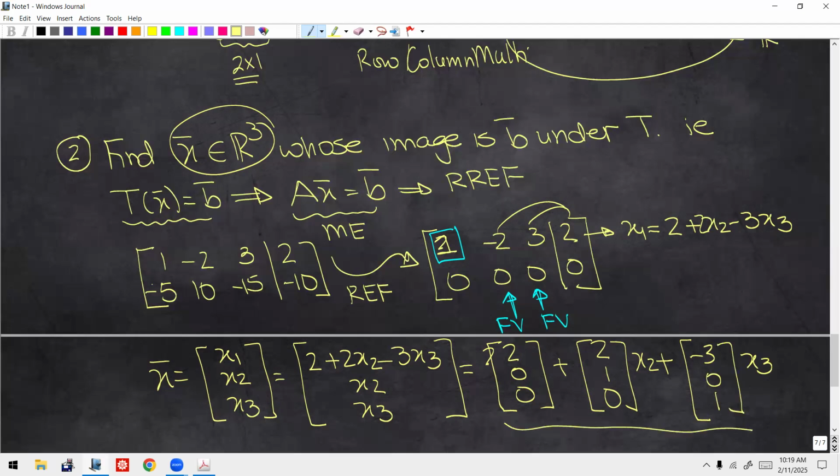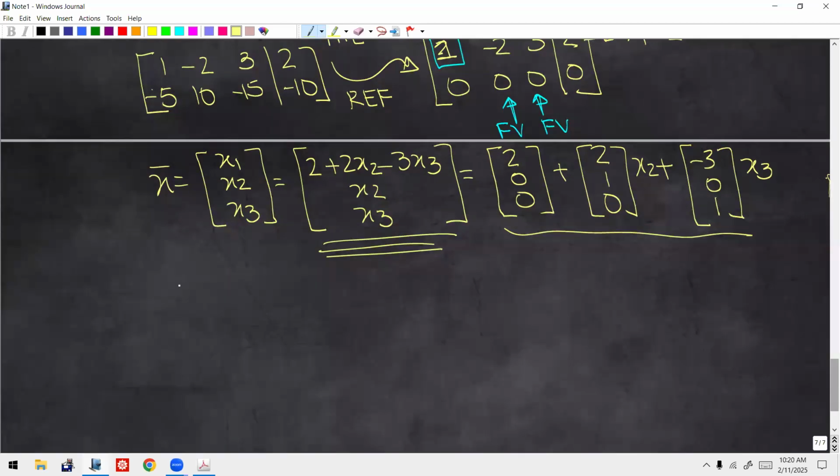When I add these guys, I should get this back, okay? I just broke it up. So that's my X. They wanted us to find an X, but I can pick a particular X. I can take X2 to be 0, and I can take X3 to be 1 because they're free.